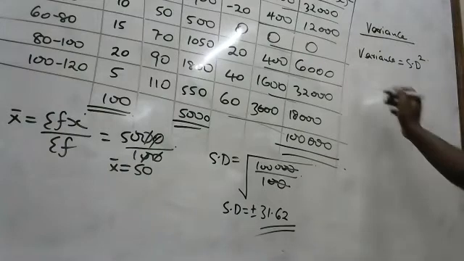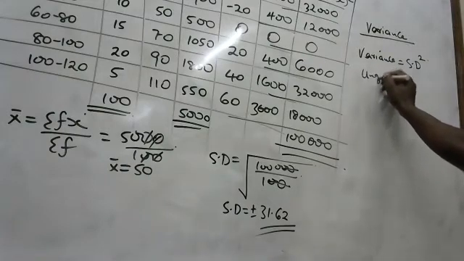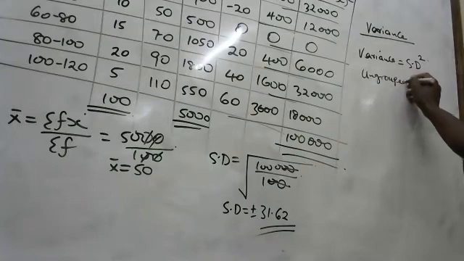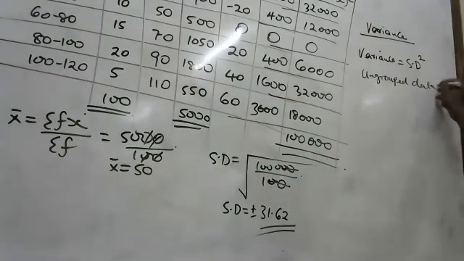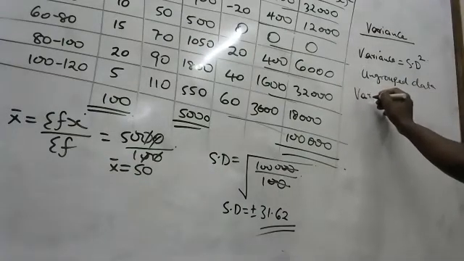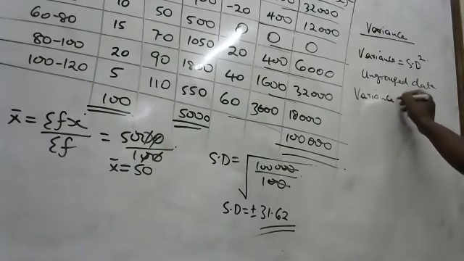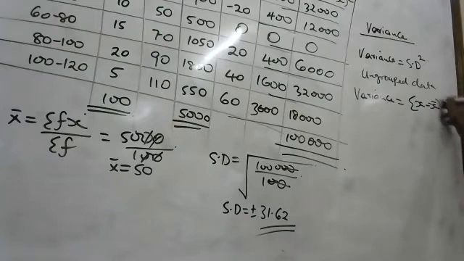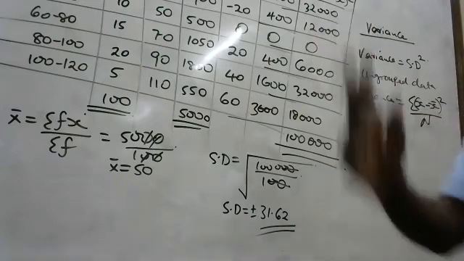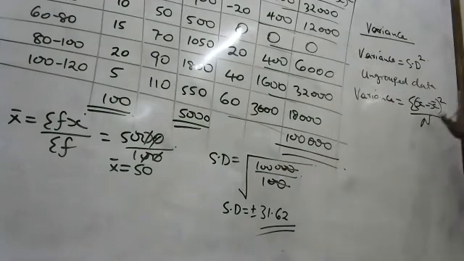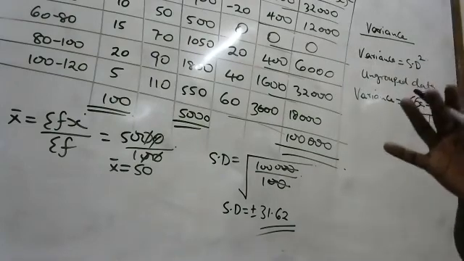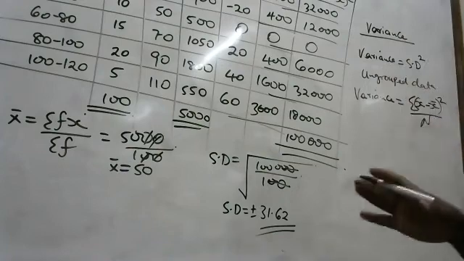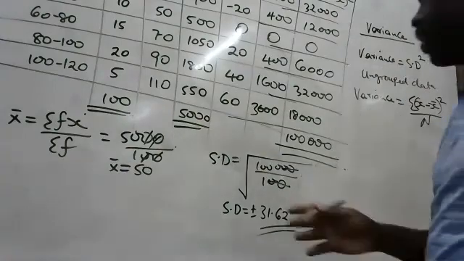The answer of the standard deviation, you square it, you get the variance. Alternatively, if you want to calculate it for ungrouped data, the variance is normally given by the summation of x minus x bar squared over n. We don't have the square root. It is actually the same formula for standard deviation, but without the square root sign.